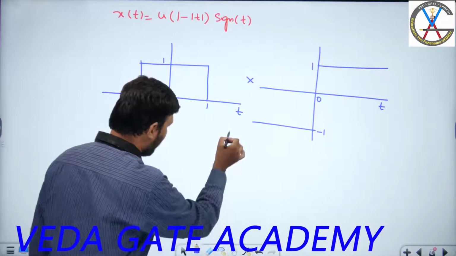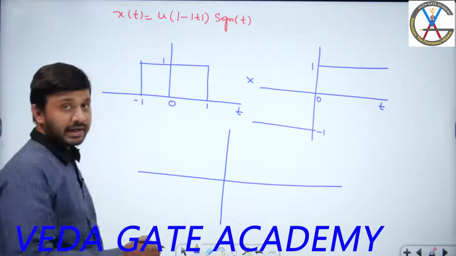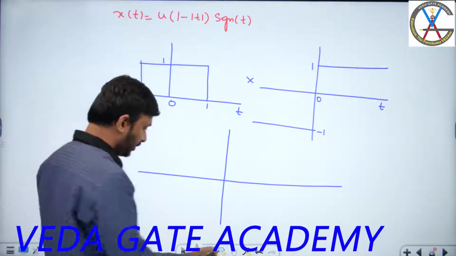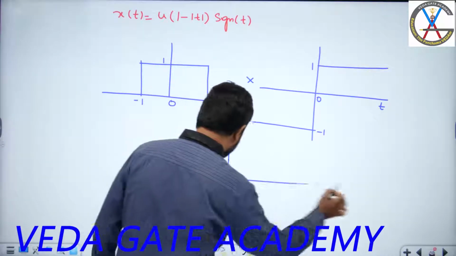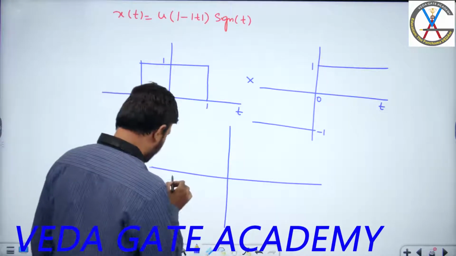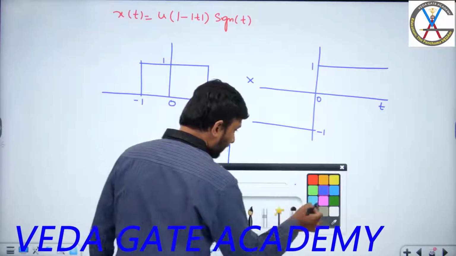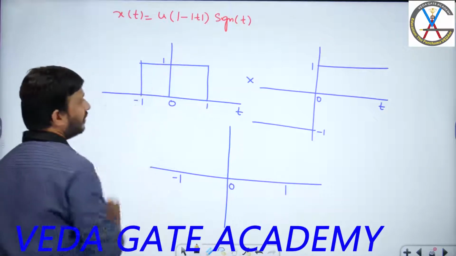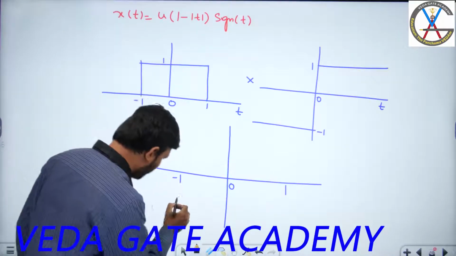Now multiply. Multiplication of signals is nothing but multiplying at common points or common portion. What is the common portion between these two signals? If you observe, the common portion is from -1 to 1. From -1 to 0, this value is 1, this value is -1. So 1 multiplied with -1 is -1.